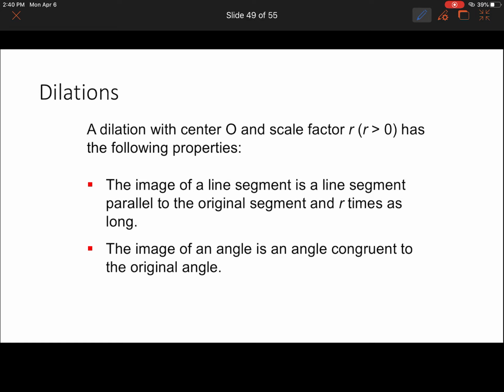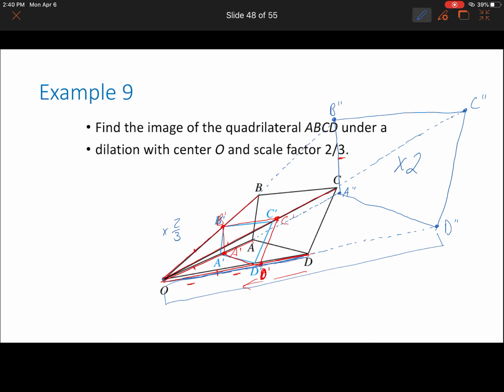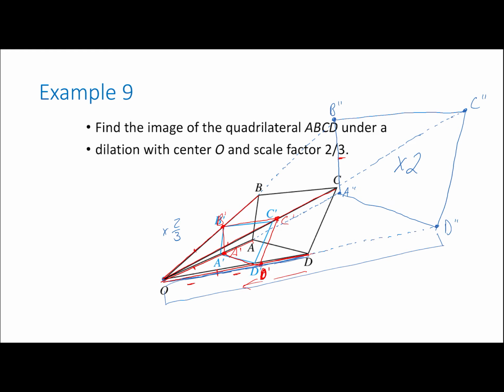Also, the image of an angle is an angle congruent to the original angle. Well, that should make sense, because if you look at this example, this angle here from B prime, A prime, D prime, it's going to be the same angle measurement as BAD, right?